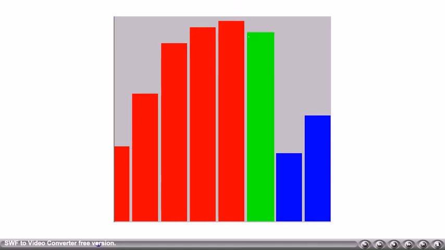Now we are taking the sixth element. With this also, we do the same.